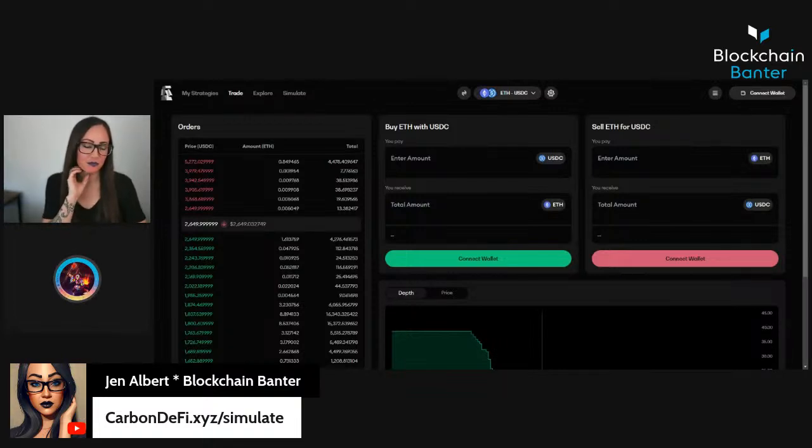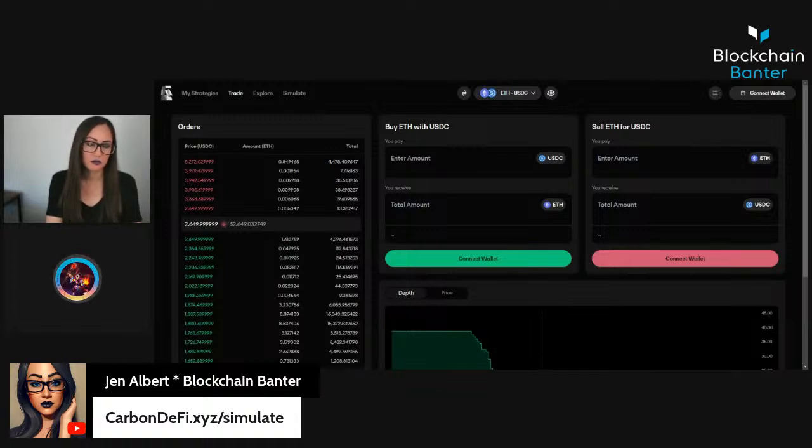Hummingbot is essentially a framework for algorithmic traders that are trying to do algorithmic trading on chain. It's Python based, right? They have integrated a bunch of different DEXs, and you also have the ability to utilize Hummingbot to take orders from Carbon. There's an adapter on Hummingbot that knows about Carbon and knows about those orders, so you can take from Carbon.